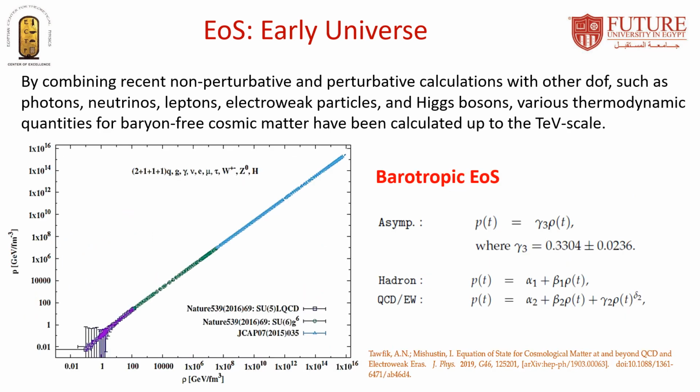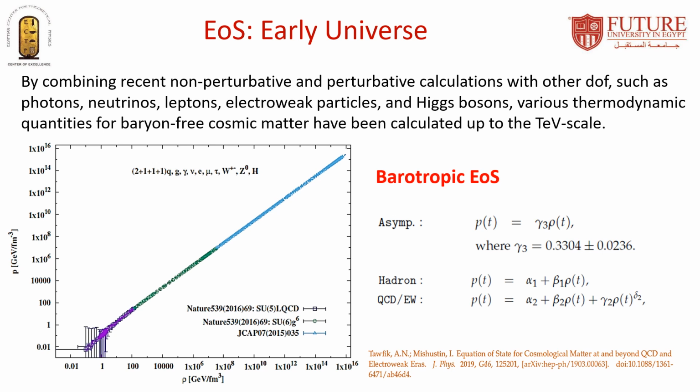Doing this, we can propose a paratropic equation of state, by which I mean the relation between any thermodynamic quantity and the energy density. This is important if you are interested in cosmology, because you can replace the energy density by the Hubble parameter and so on. Then afterwards you can continue your calculation.